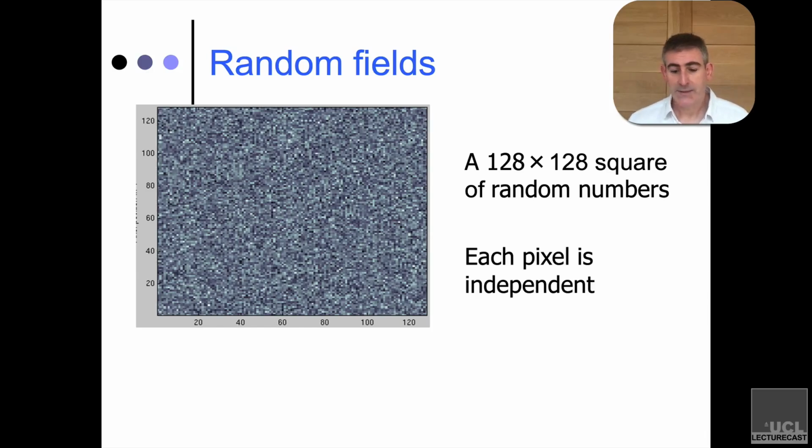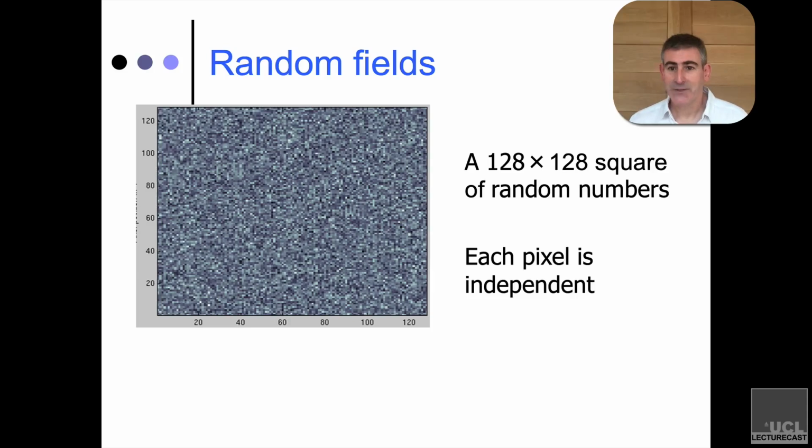But this is noise. In addition, it's spatially relevant, the fact that I've put it in an XY plane. You can now talk about individual voxels here having neighbors. They have a neighbor to their left, to their right, above and below them, right? As a result, there's a spatial configuration here.